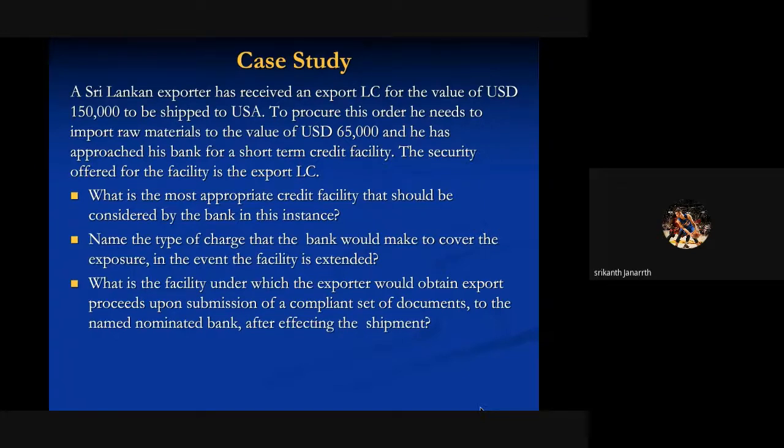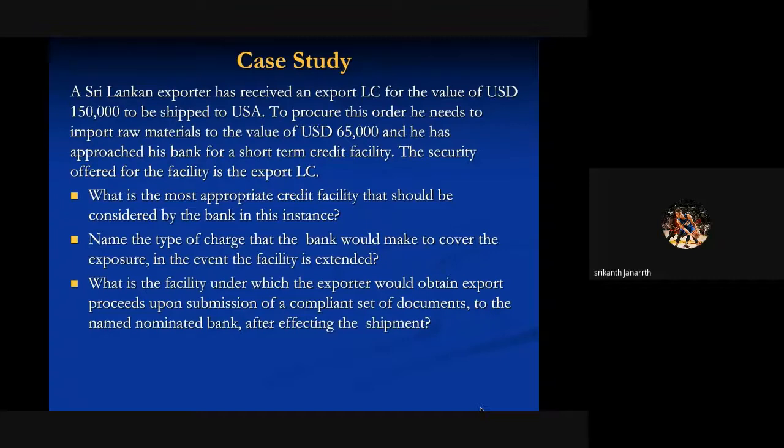What is the facility under which the exporter would obtain export proceeds upon submission of a compliant set of documents to the nominated bank after effecting the shipment? How do you call that? Submission of a compliant set of documents, negotiation of documents, right?